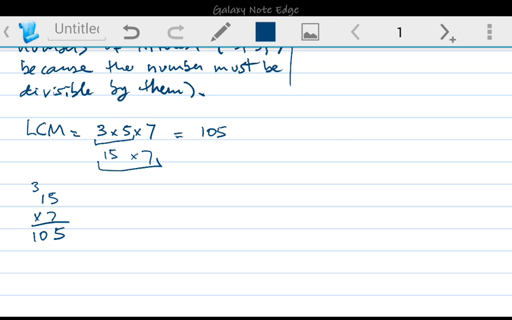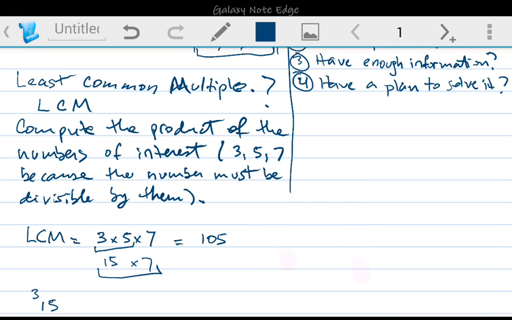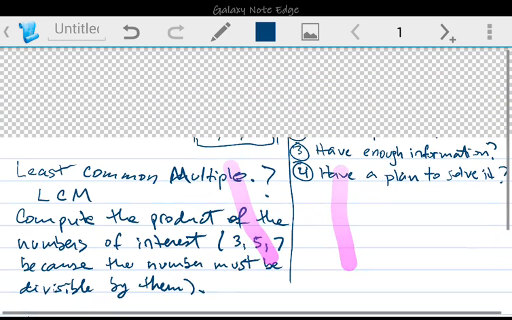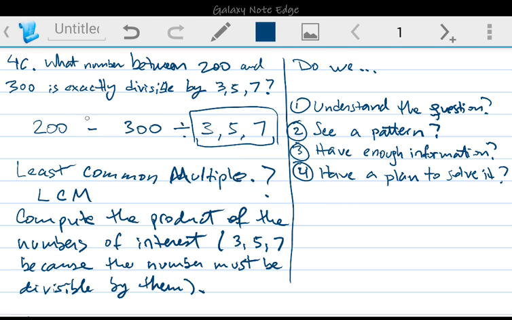Okay, so let's go back to the original question. The original question was, what number between 200 and 300?